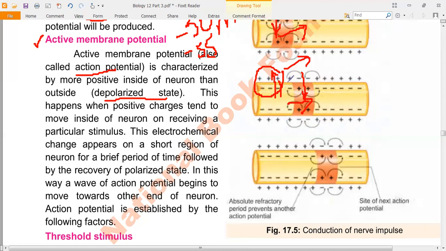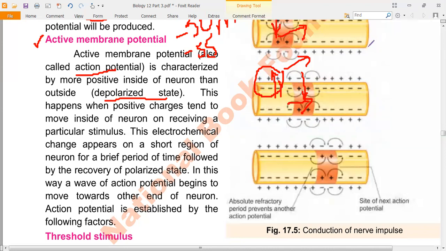But when the neuron just passes the impulse forward, from the back, potassium gates are open and it moves the potassium ions outside. By that, the outside charge gets a positive sign and inside is more negatively charged. This is called repolarization.